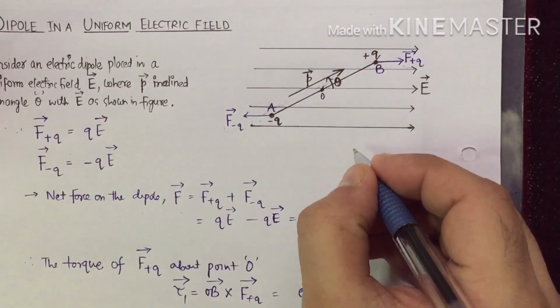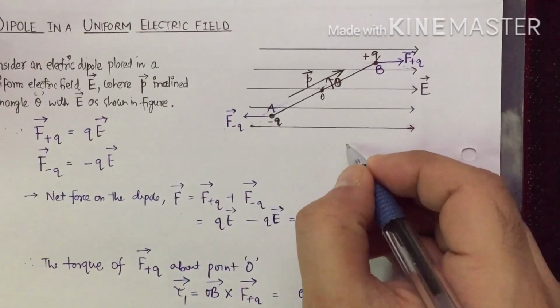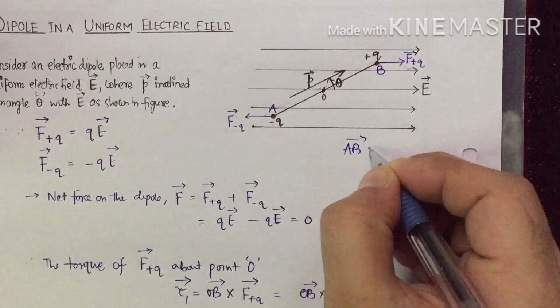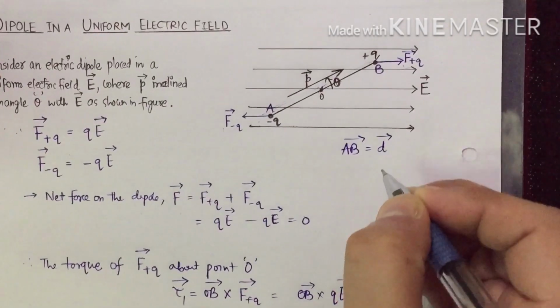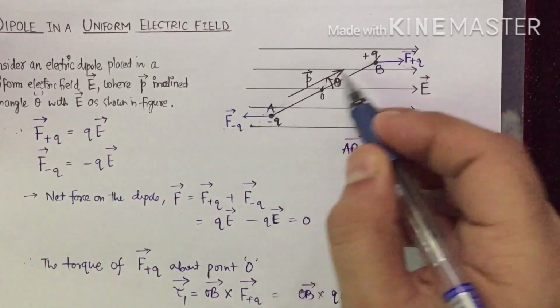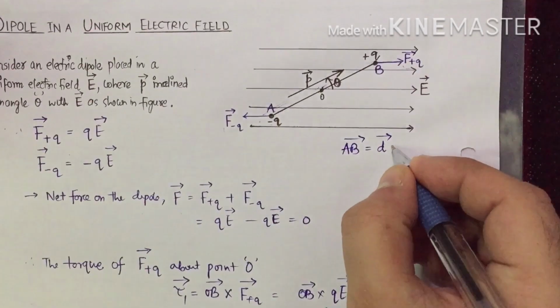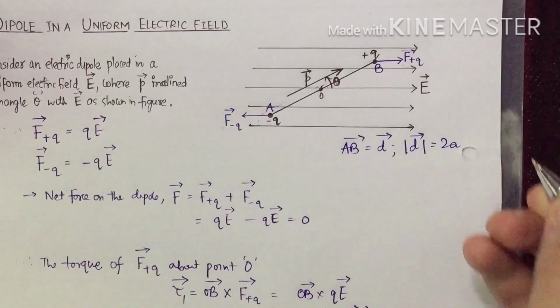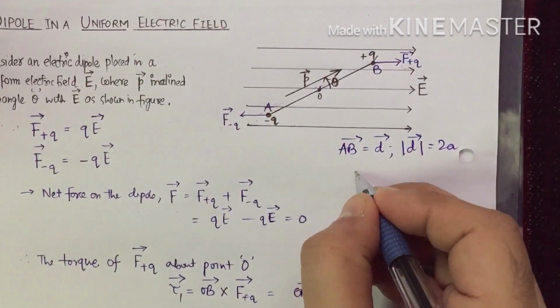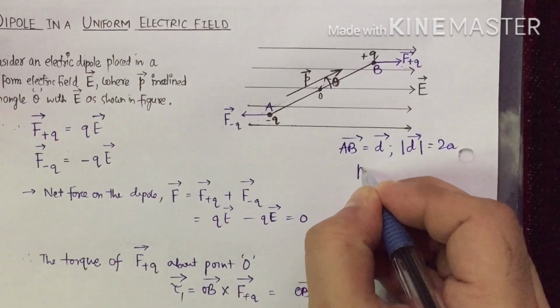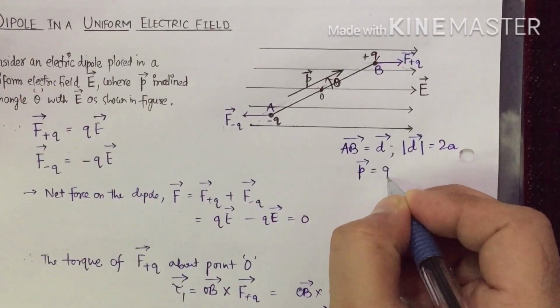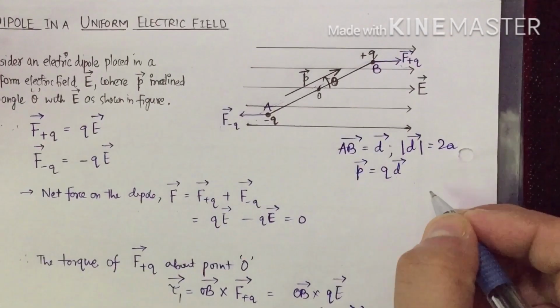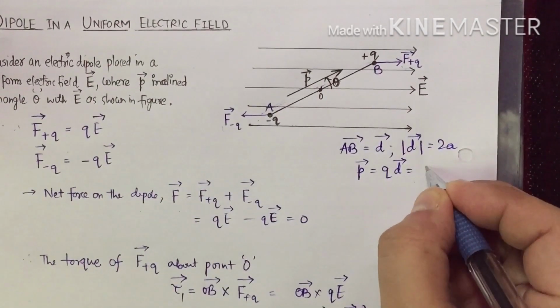Here AB vector is nothing but the displacement vector, whose magnitude is equal to 2a, and we can define the dipole moment vector P as Q into D vector. So what is D vector?